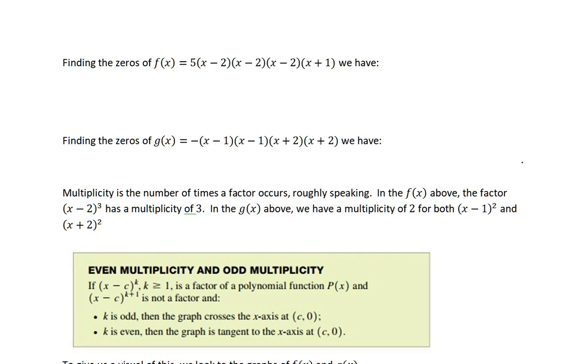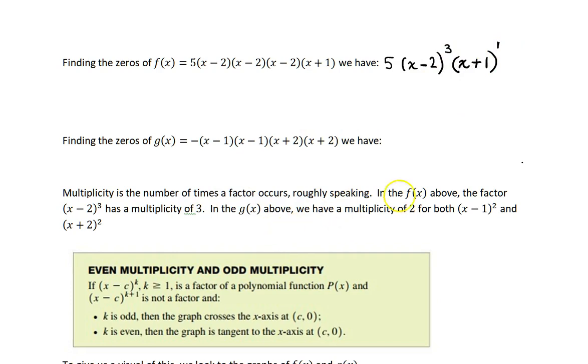So here we have the zeros. We're going to find the zeros. We have a 5, right? And then I'm going to have x minus 2, x minus 2, x minus 2, so that's going to give me an x minus 2 quantity cubed, and then x plus 1. I'm going to point out that this is to the first power.